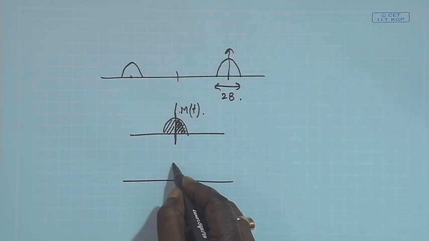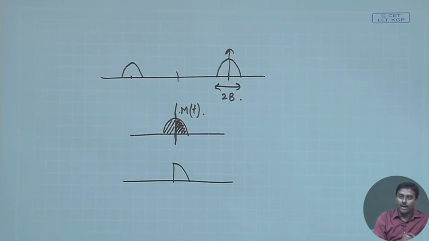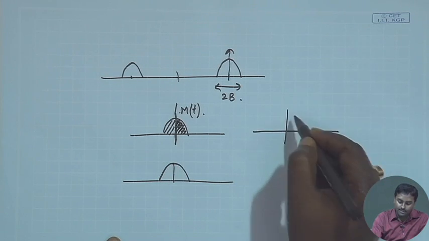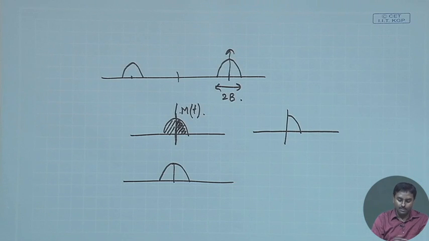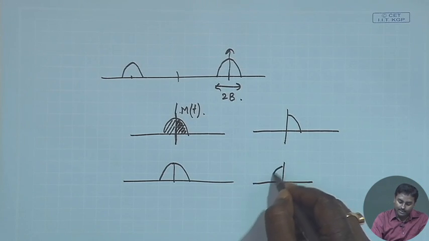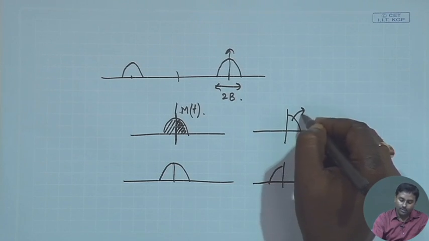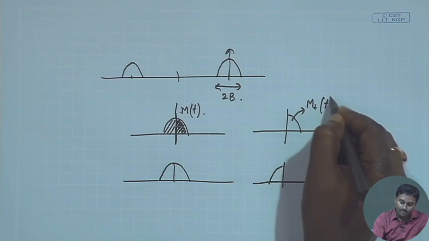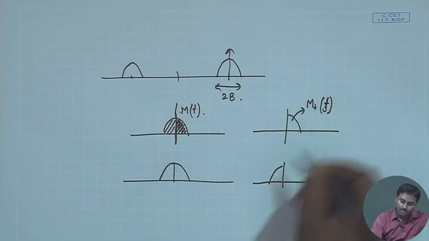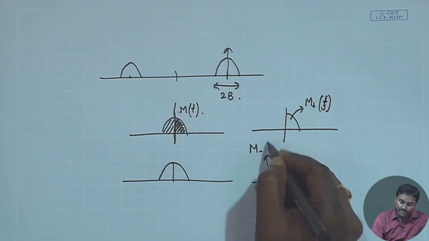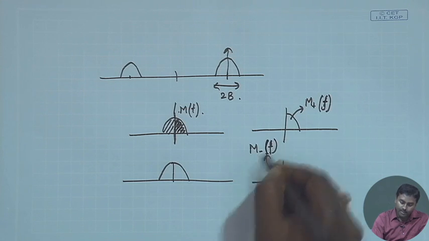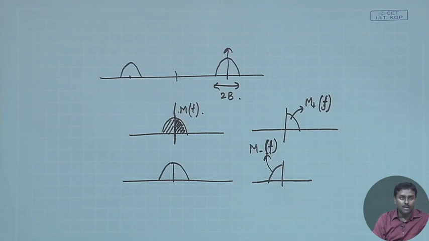To do that, as you can see, I need to get one half of it, right. So, if this is M(f), I will represent this as one half this and another half this. This I call M plus (f), and this I call M minus (f), that is the negative part and the positive part of the spectrum.